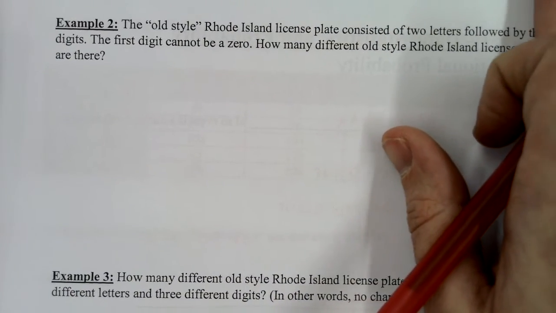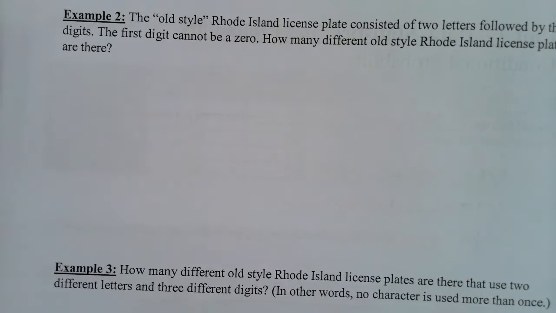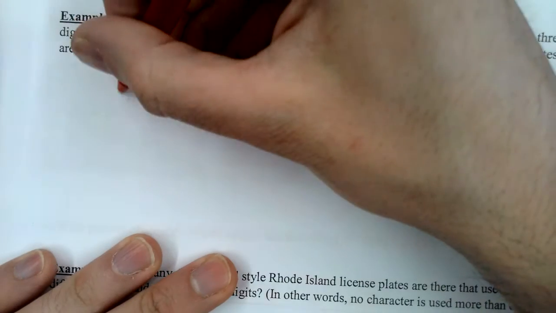Example 2. The old style Rhode Island license plates consist of 2 letters followed by 3 digits. The first digit cannot be a 0. How many different old style Rhode Island license plates are there? Okay, so we got to think about this. We have 2 letters followed by 3 digits.